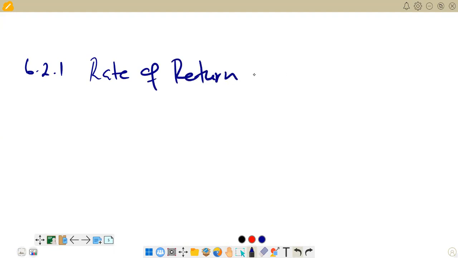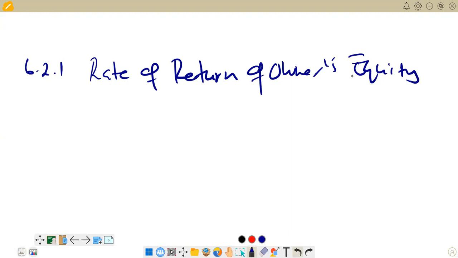So it can come here. This is now 6.2.1. This is rate of return on owner's equity.